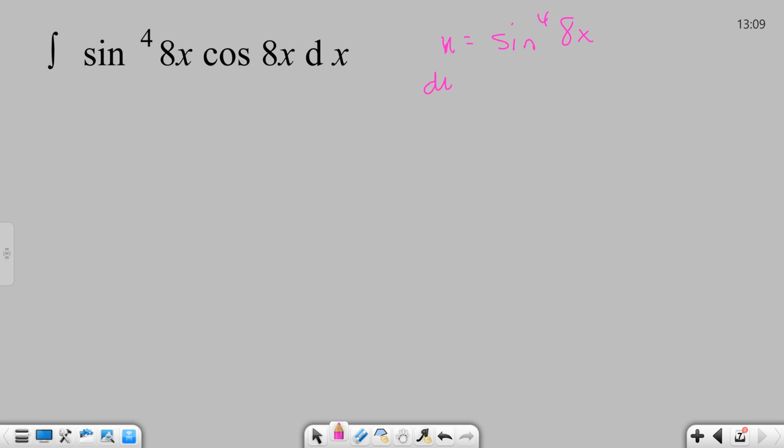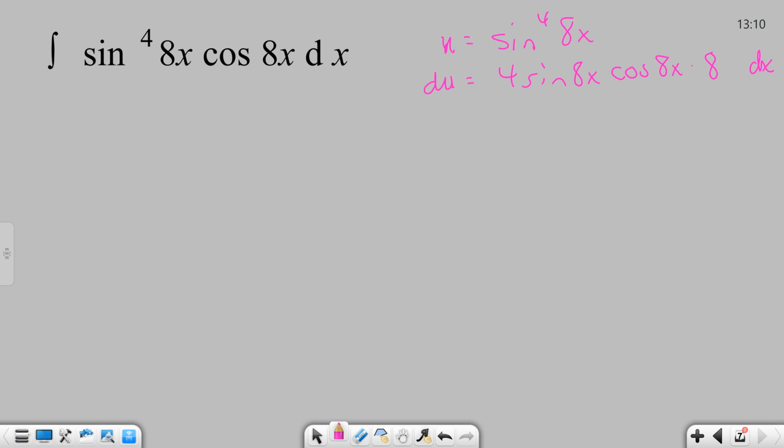Okay. So then we take the derivative. I missed a minus sign in here, didn't I? Derivative of sine is negative cosine? No, derivative of sine is cosine.